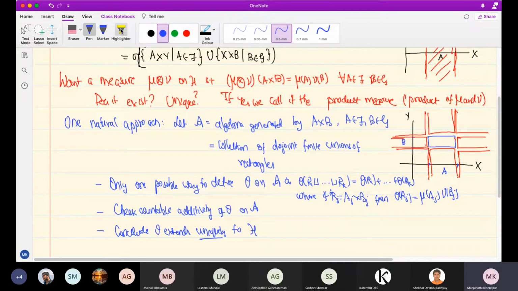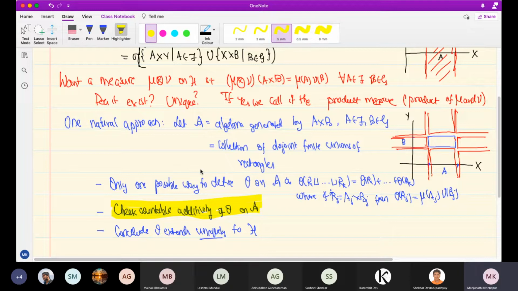Of course, where is the key step? The key step is here. Check the countable additivity. This is the key step where you have to do the work. Other things, there is no work involved. Countable additivity on this means suppose an algebra element is actually a countable, pairwise disjoint union of other algebra elements, then you have to see that the measure you have specified is the sum of the measures.